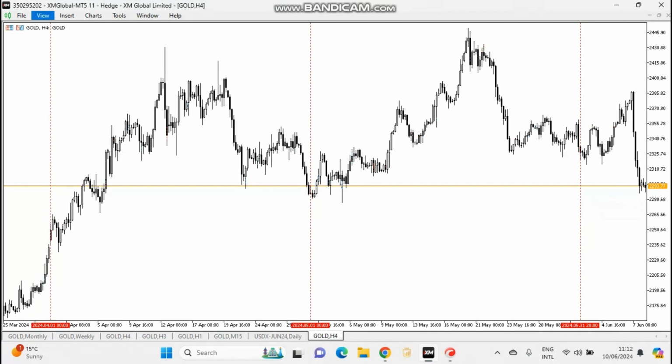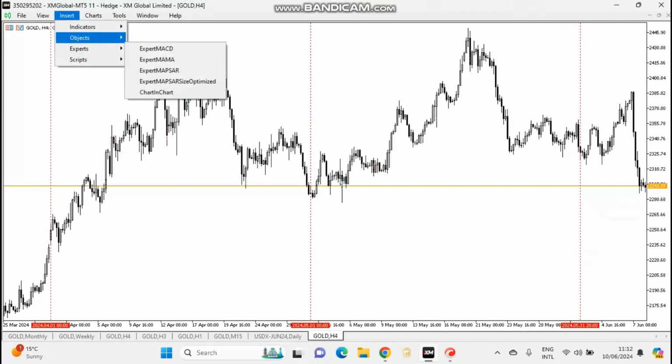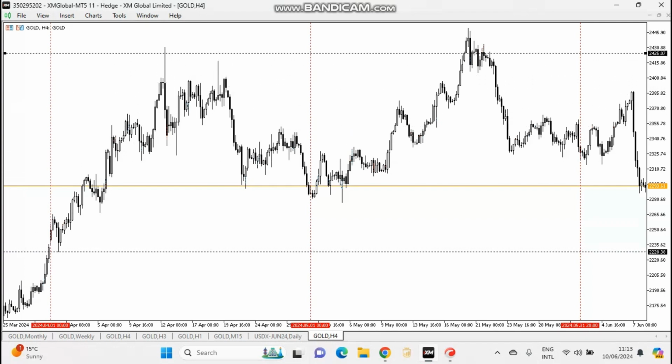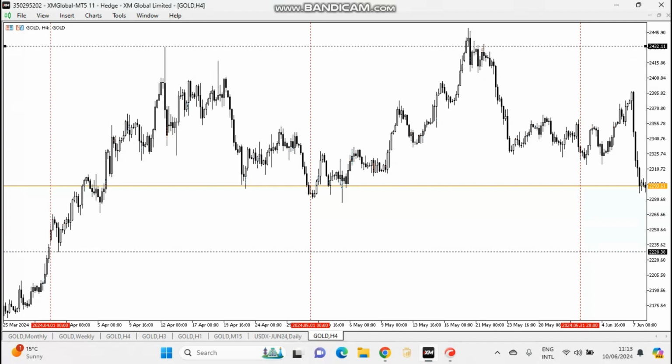In that month, we have a low right here of 28.38 and a high right there, 2430.70.